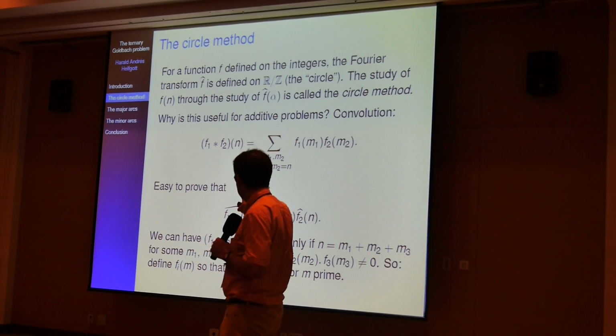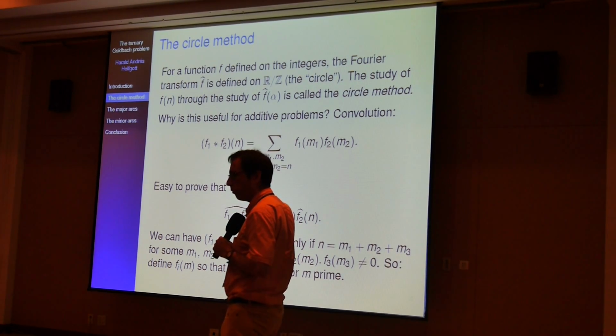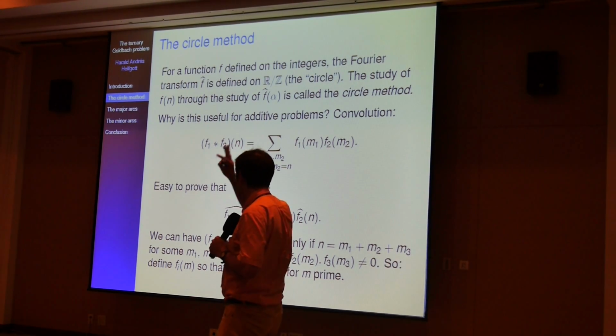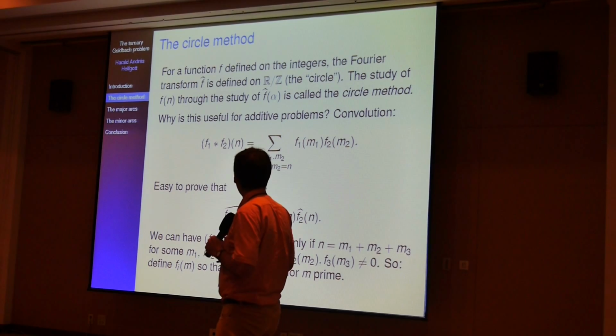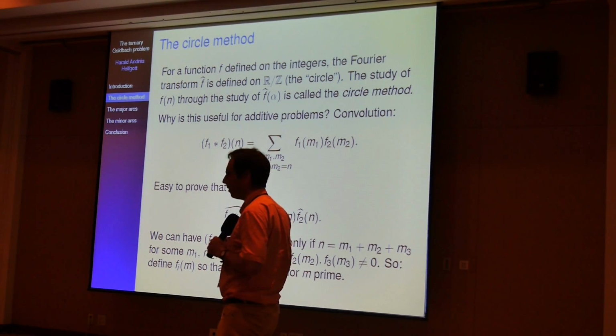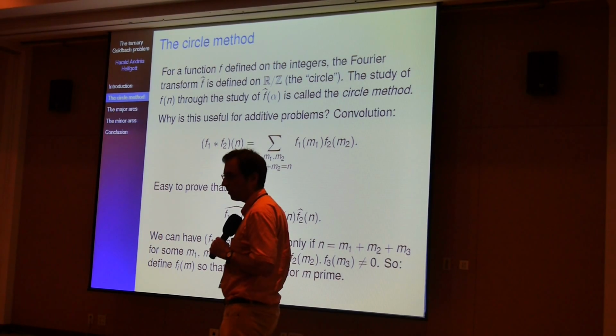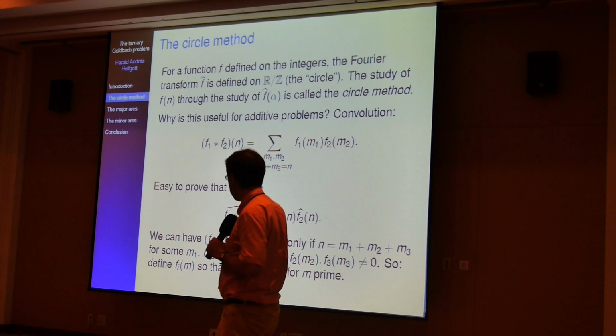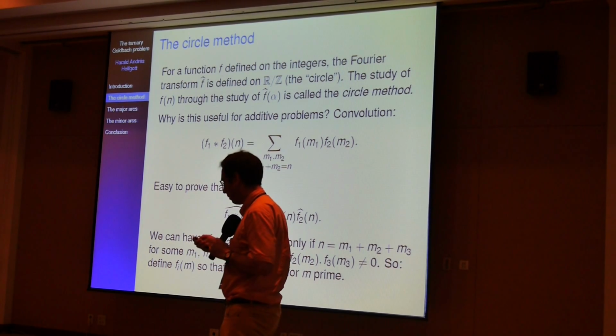And so if the convolution f1 star f2 star f3 is non-zero, that proves that n can be written as a sum of three primes. Right? So all we have to show is that the double convolution is non-zero at n.